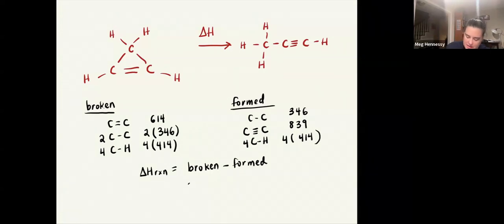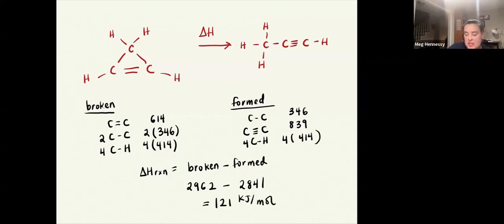I got 2962 minus 2841. And I got then 121 kilojoules per mole. So this reaction is endothermic.